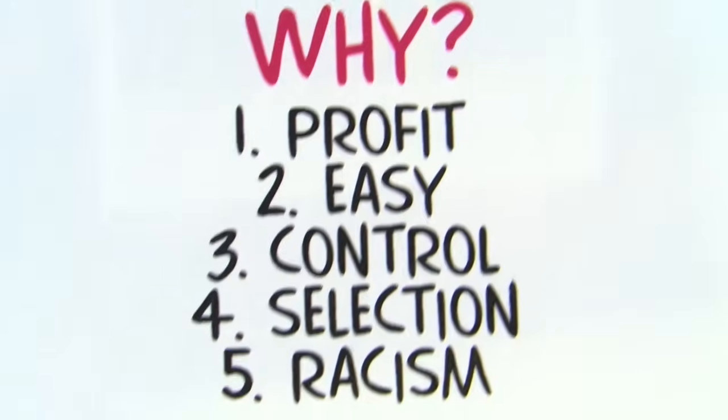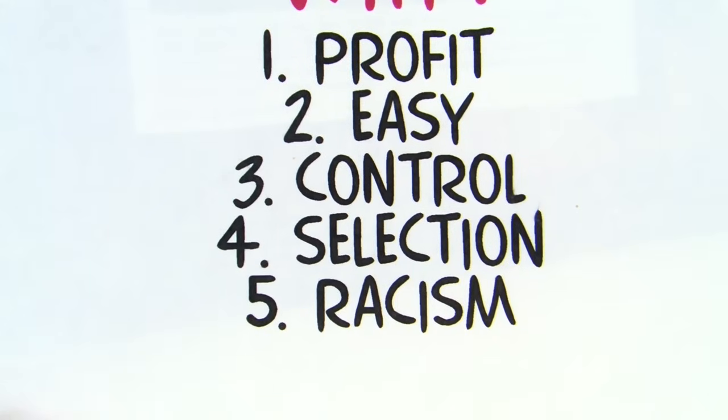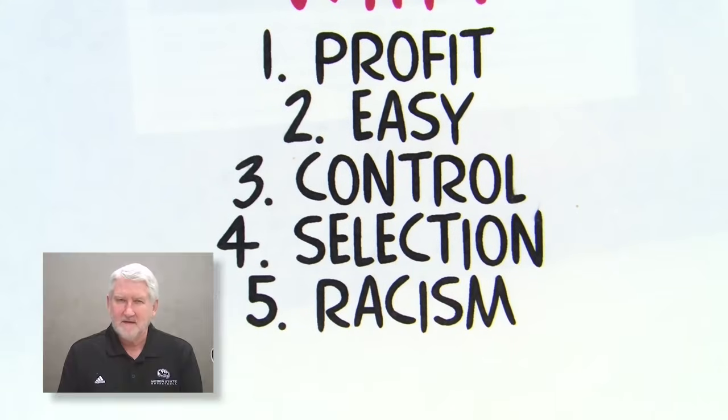And finally, we get back to this dirty business of racism. Everyone involved in the enterprise, slave raiders, slave runners, the slave owners, more and more convinced themselves, hey, these aren't really human beings anyway. And if they are human beings, they are certainly inferior human beings. Racism.